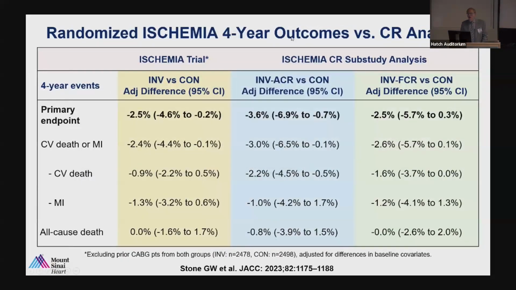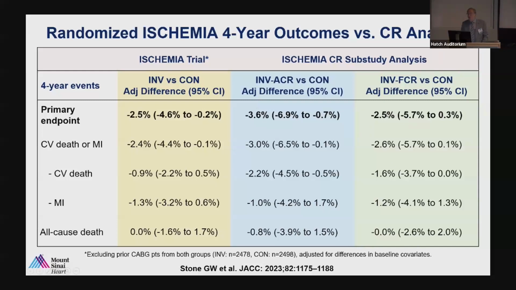And if you now compare this ISCHEMIA analysis to what was actually seen in the ISCHEMIA trial, there tended to be about a 2.5% benefit with revascularization in ISCHEMIA, which in this non-CABG population was borderline significant out to 4 years. If we do angiographic complete revascularization, we could increase that to 3.6%.